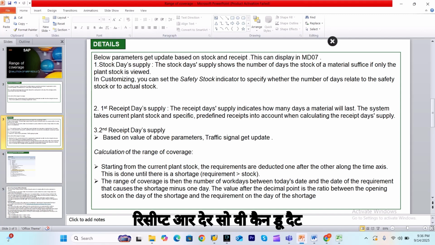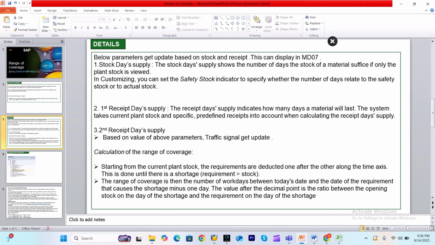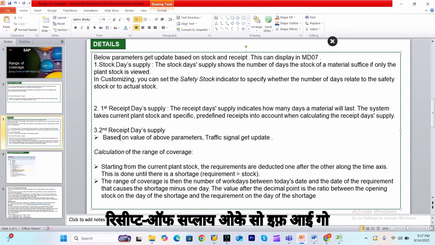We can configure which receipts will be considered for first receipt days of supply. Similarly, with the same formula, we have the second receipt days of supply.